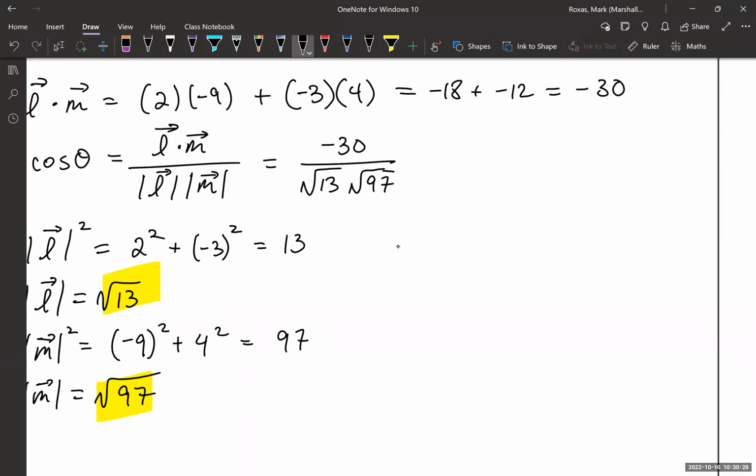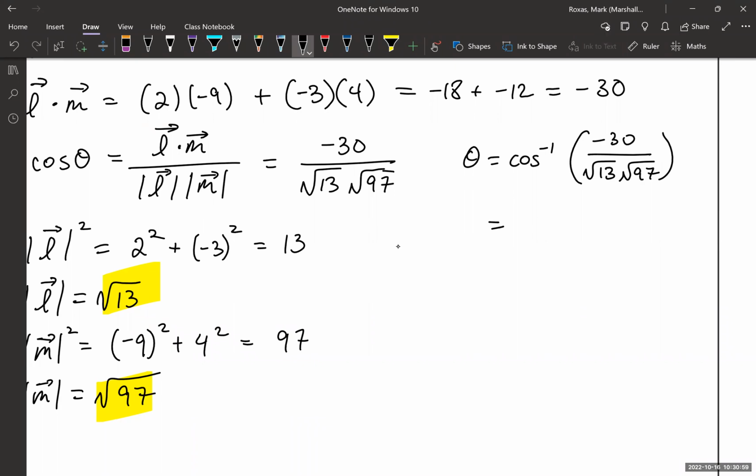And so here theta is going to be equal to cosine inverse of minus 30 over root 13 root 97. Take out your calculator, do the calculation, and make sure you get the same result as I'm about to present here: divided by square root of 13 and square root of 97.